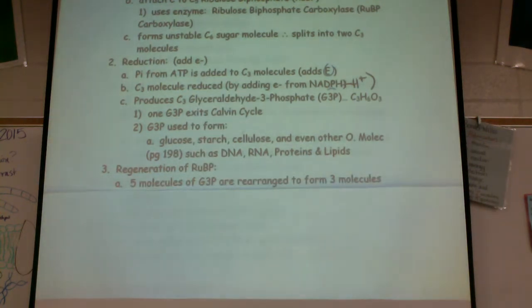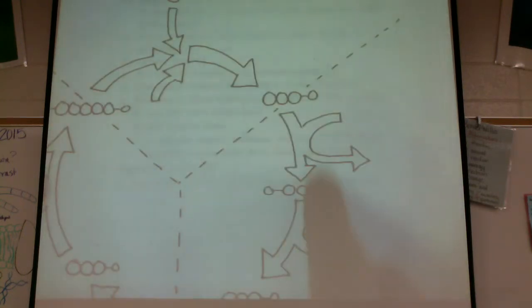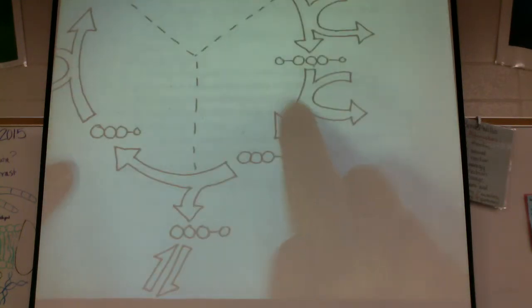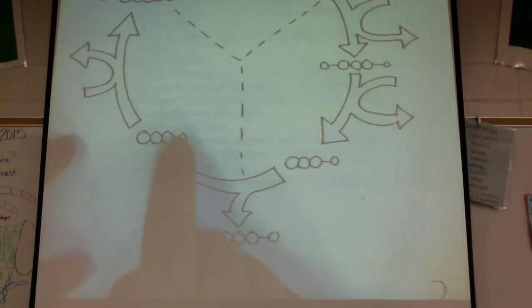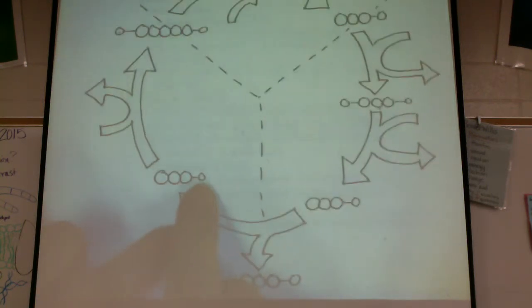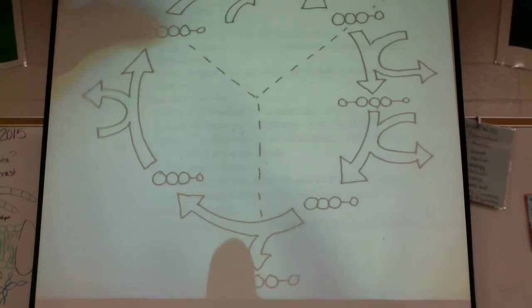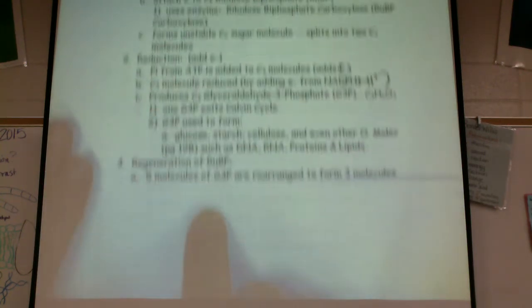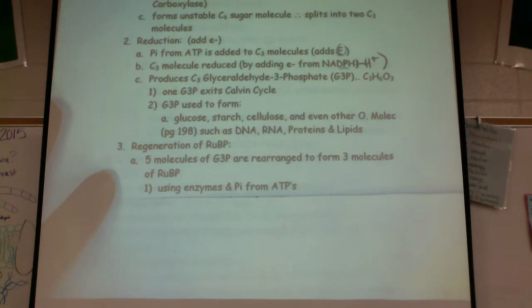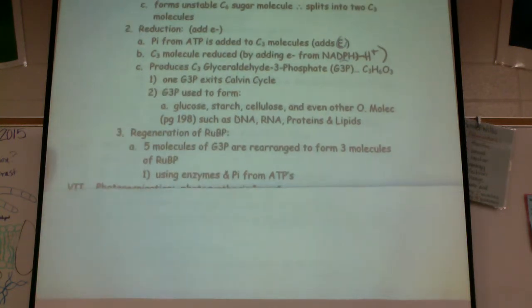So when this happens, you're going to get 1 going out and 5 of them keep going because you have 5 3-carbon molecules that are going to be used to generate 3 5-carbon molecules. So changing some partners, doing this regeneration of RUBP, okay, to be able to do that. So it's just using phosphorylation to do that, okay?